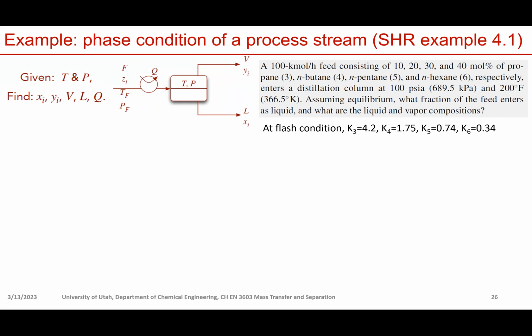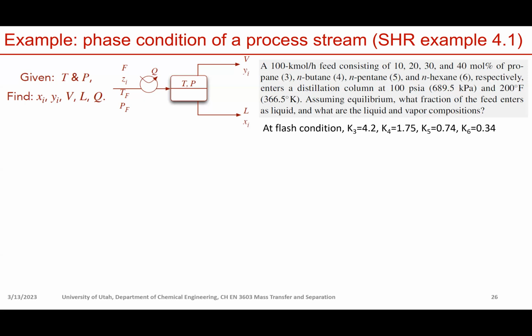The feed enters this column at this condition: 689.5 kilopascal, that's the pressure, and 366.5 Kelvin, that's the temperature. Assume the mixture is in equilibrium. Then what is the fraction of the feed coming out as vapor, what is the fraction coming out as liquid, and what are the compositions of the vapor and the liquid?